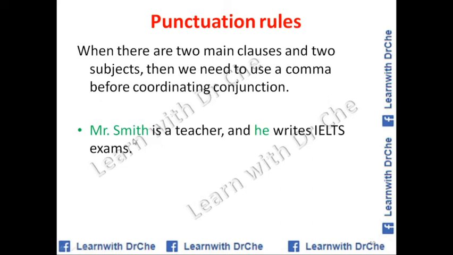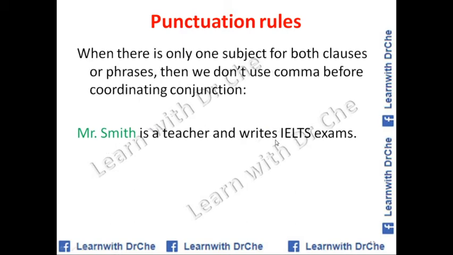There are two clauses. This is one clause, this is clause number 2, and there are two separate subjects, one for each clause. If there is a subject for two separate clauses, we use a conjunction to join these sentences. We use a comma, then the conjunction, and then the second clause.